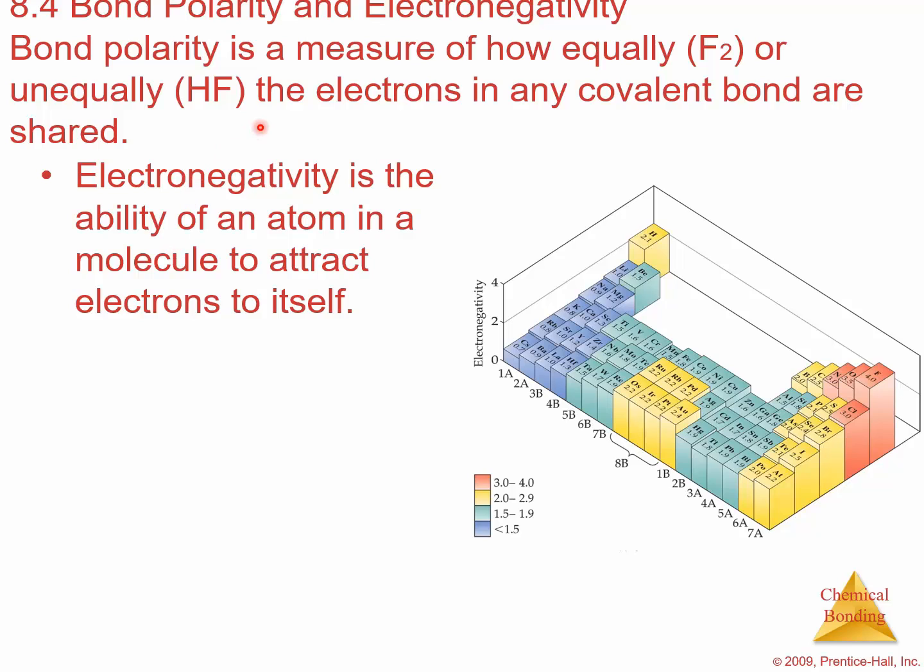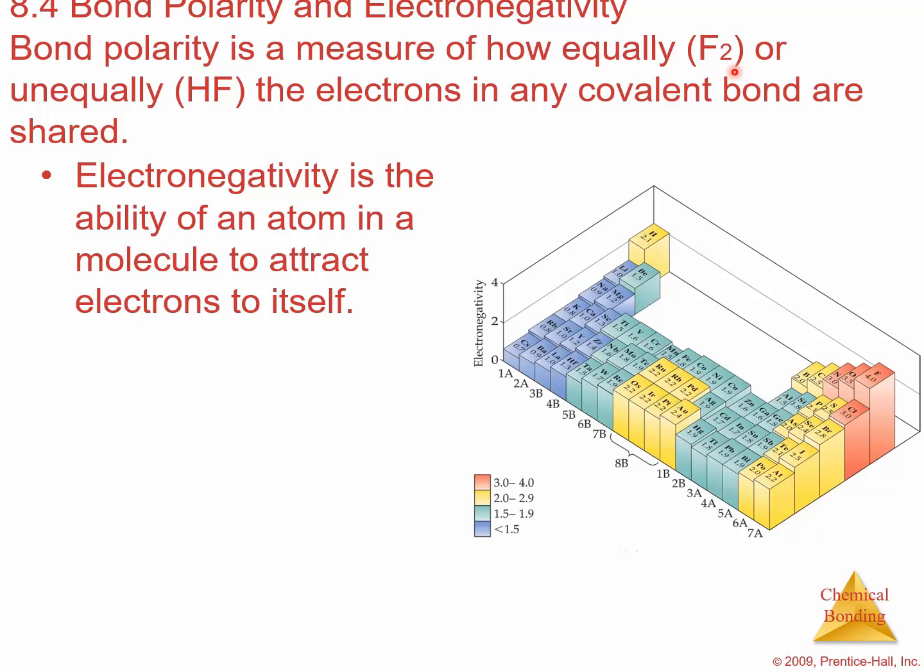Bond polarity is a measure of how equally or unequally the electrons in any covalent bond are shared. For example, a nonpolar covalent bond is one in which the electrons are shared equally, like in Cl2 or F2 or N2.